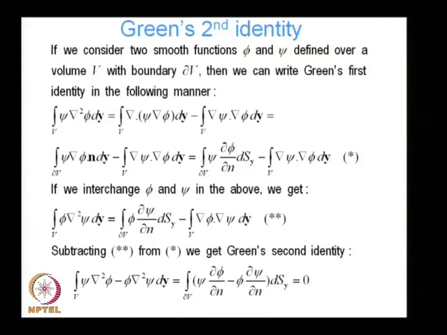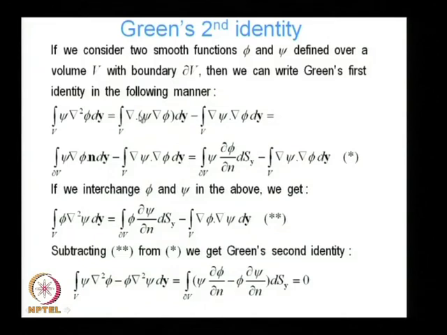If I take the integral of psi times the Laplacian of phi, I can write it as the divergence of psi times the gradient of phi minus the gradient of psi dotted with the gradient of phi. This is a very simple identity from vector calculus. It can be proved almost trivially, in lots of ways. Then we use the divergence theorem on this part.